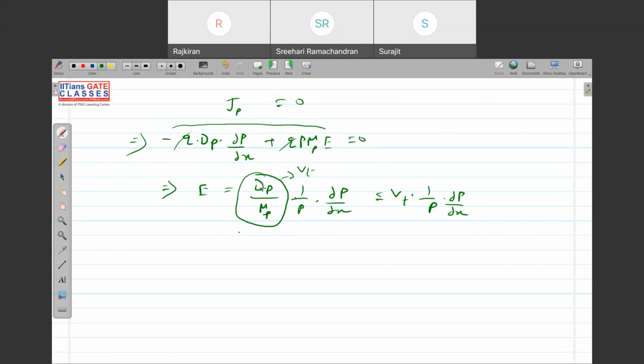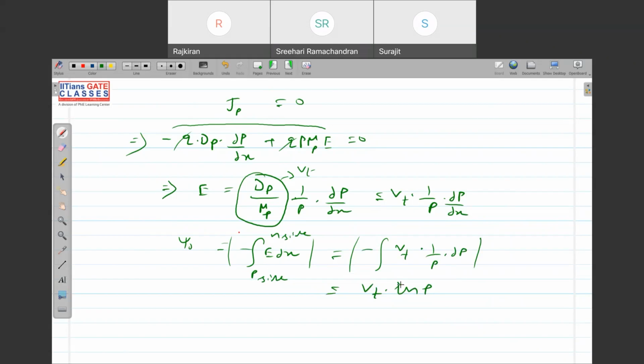So if I want to know the potential, what do I have to do? Integration of minus electric field dx equals potential, right or not? So from P side to N side, if I do this integration of Vt into 1 by P dP, what will you get?